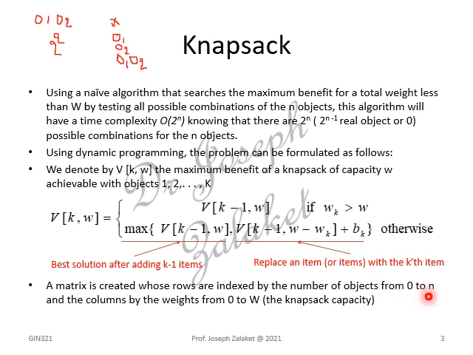We will number the objects starting from 0 up to n, and the columns will be indexed by the weights of the knapsack. We will take different weights incrementally, starting from 0 up to big W, which is the capacity of the knapsack.